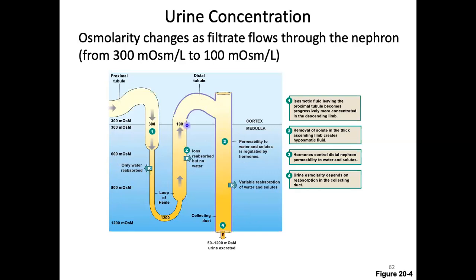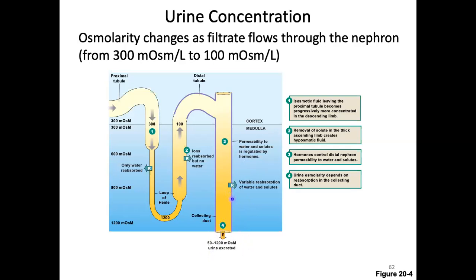At the distal convoluted tubule, your urine is about 100 milliosmoles. Then when it hits the collecting duct, as it goes deeper into the medulla, you're going to reabsorb water depending on how much ADH is present. Permeability to water and solutes is regulated by hormones. If you're really dehydrated, you're going to have a lot of ADH, and you're going to reabsorb a lot of water so that your urine is really concentrated.